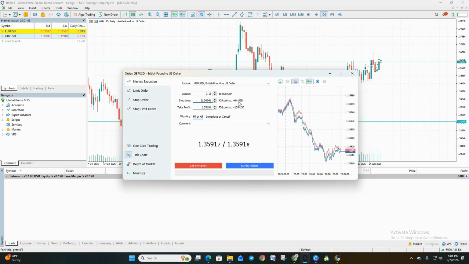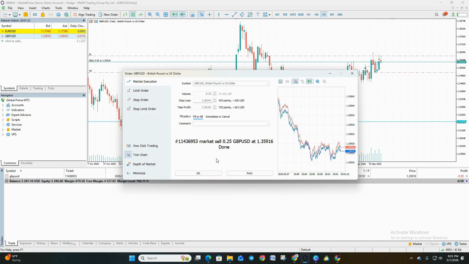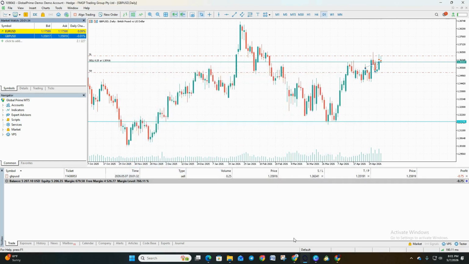So I'm risking by this volume size around $64, but since I've put my stop loss far from my entry point, I will risk around $100 while my take profit is around $173. So let's make this 125 and we'll sell by this.